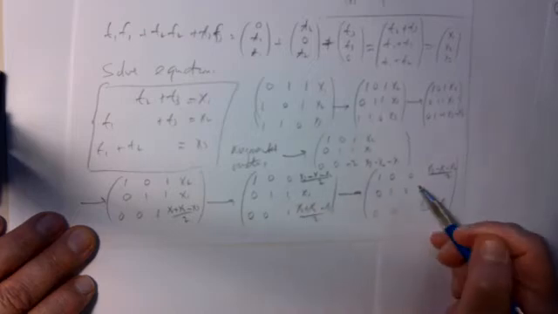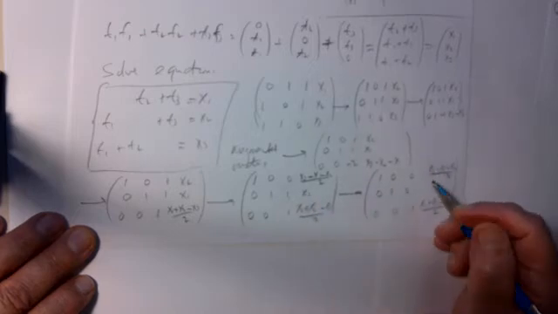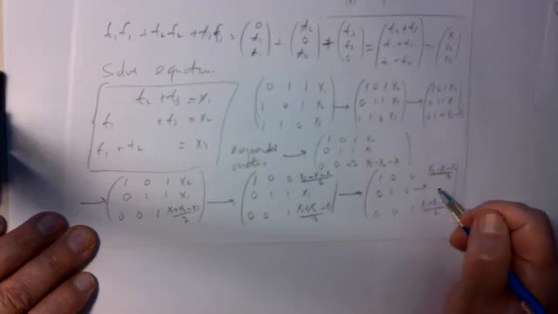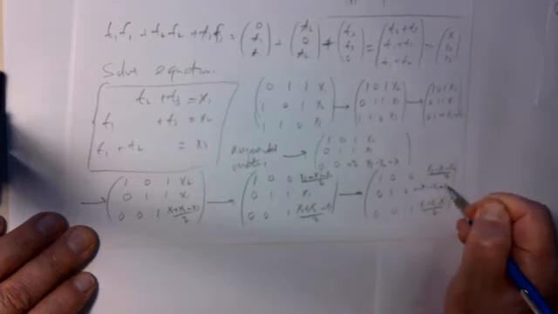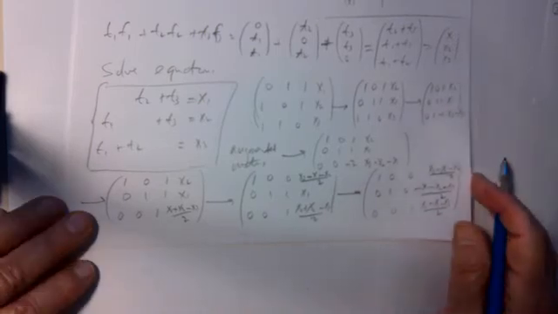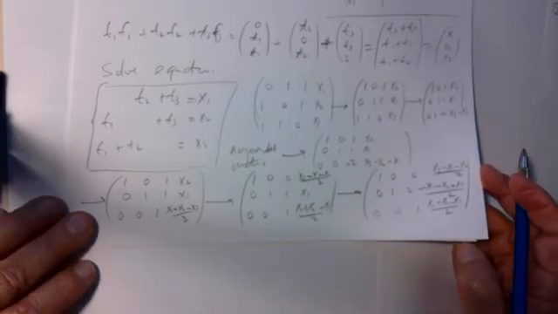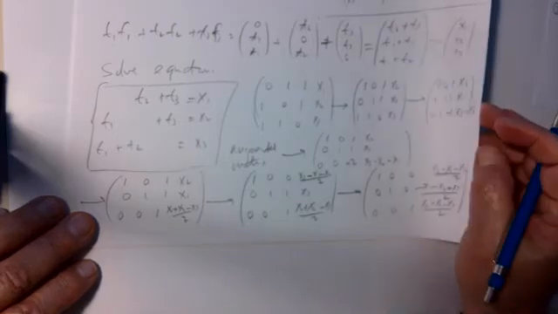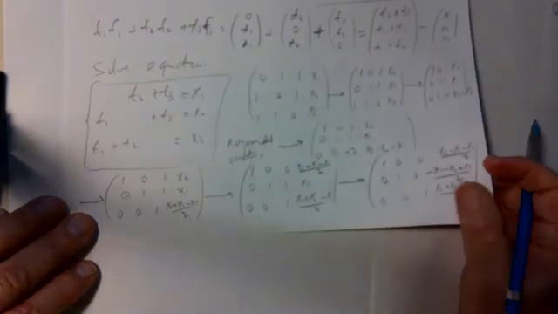So I get 0, 1, 0. And this minus this is minus x1 over 2 minus x2 plus x3 over 2. So I don't know if this is correct, but this is certainly the right method. And this set of equations is equivalent to saying T1 equals this, T2 equals this, T3 equals this.